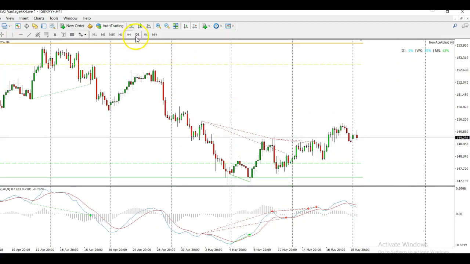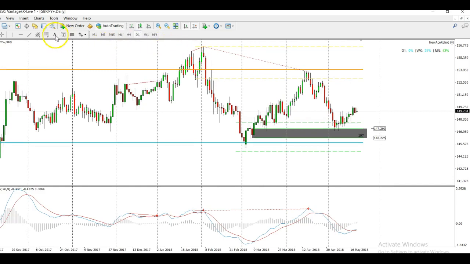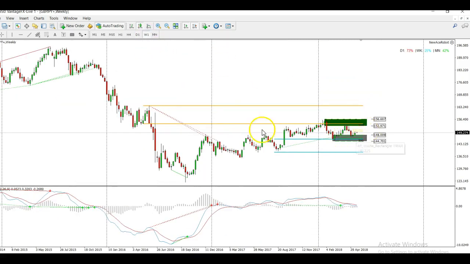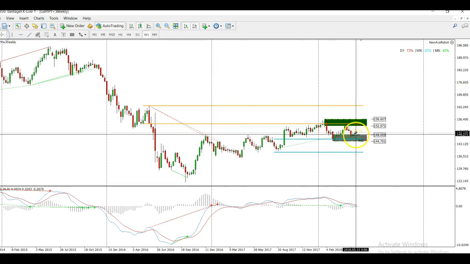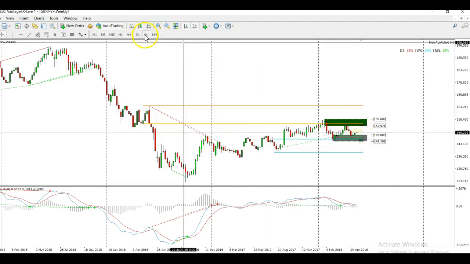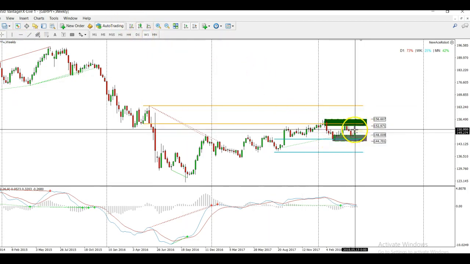British pound JPY. Let's see, hit this daily area here. Just touched it. You got the weekly. This looks like it's just turned into a sideways range, so I'm going to move back up towards 153.